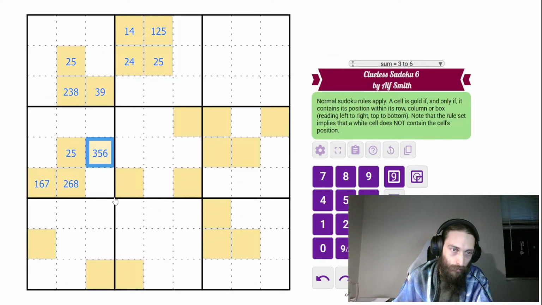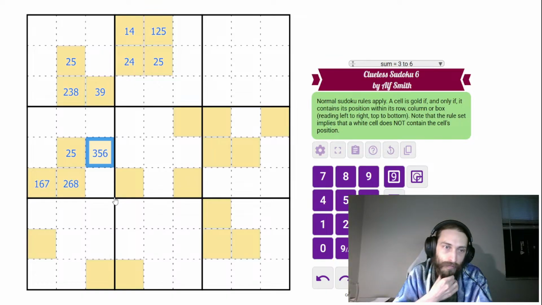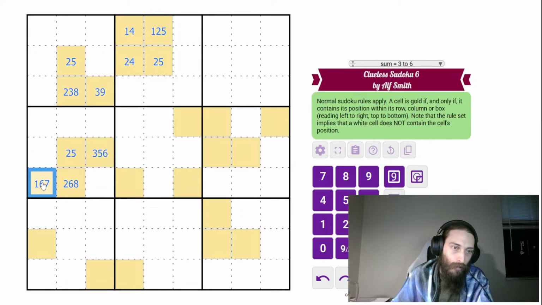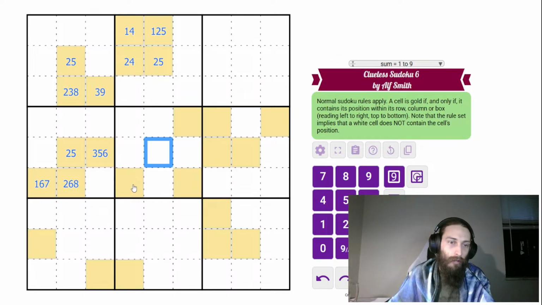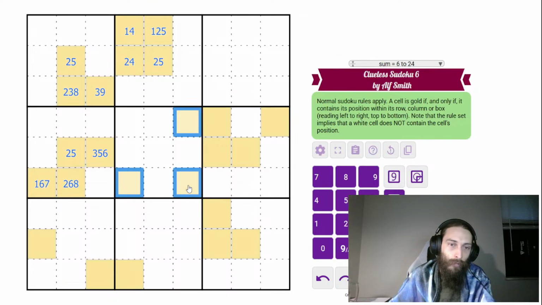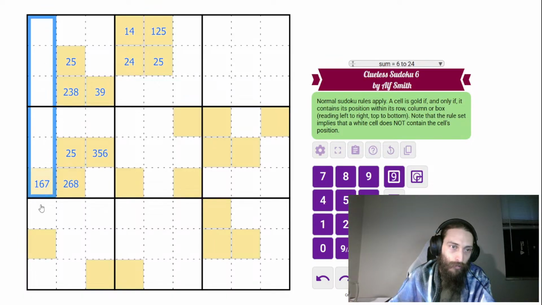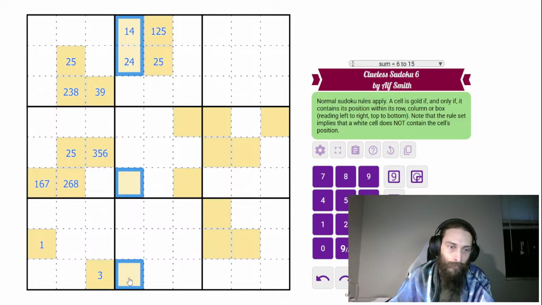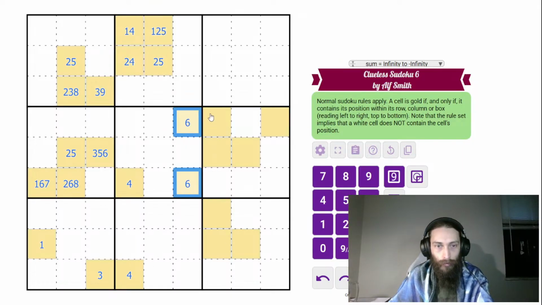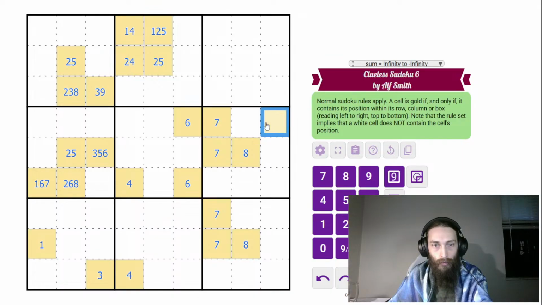1, 2, and 3. So in some cases, I was doing some of it correctly. Row and column number is still sort of correct in that anything in this first column could be a 1. In this second column could be a 2, a 3, a 4, a 5, a 6, a 7, an 8, and a 9.